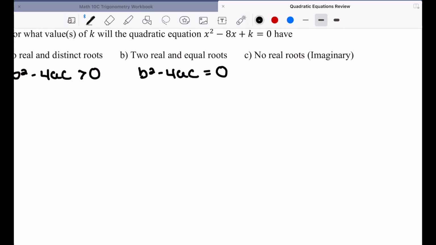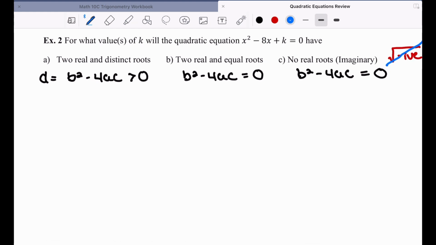And then finally, for no real roots, we're going to have b squared minus 4ac less than 0, and that means that the root is negative. And if the root's negative, then this can't exist. More explicitly, negatives can't exist under a square root. So we know that this is no real roots, or imaginary, as soon as we get a negative value.